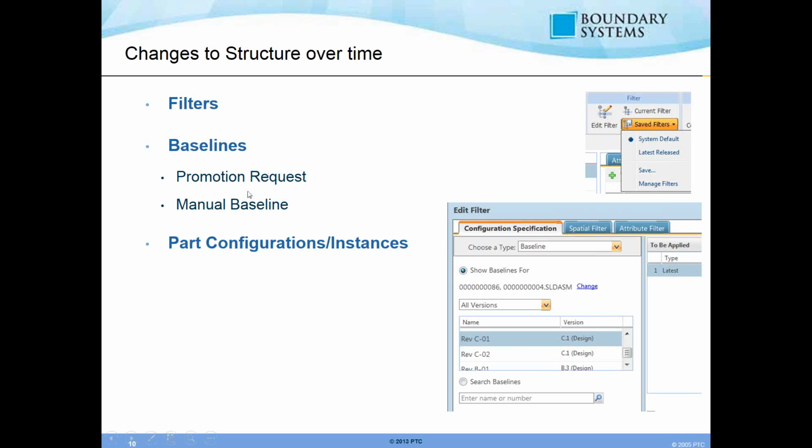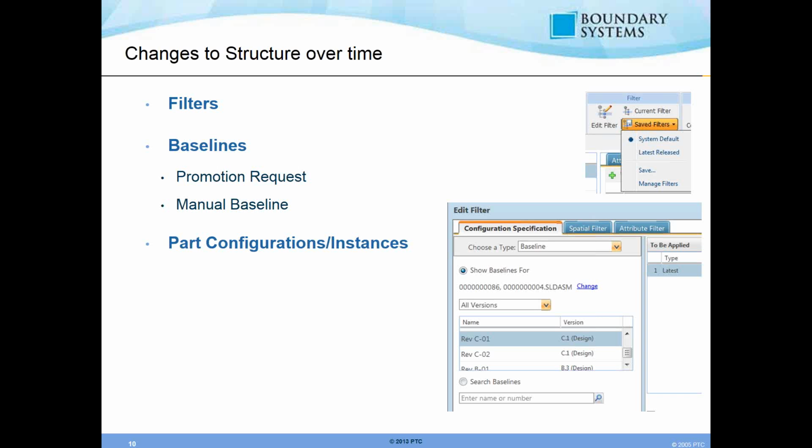And there are two ways you can traditionally release things in Windchill. You can release through a promotion request, or you can release through a change notice. The promotion request actually creates a baseline automatically. So you have a filter called promotion request that you can go in and use to see how this is structured at that time. Or you can just manually create a baseline, which is how you would have to do it when releasing with a change notice.